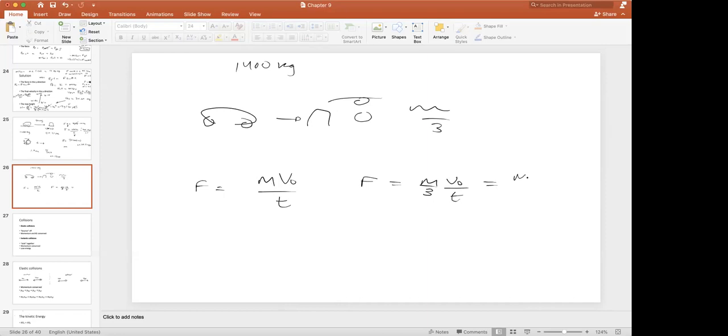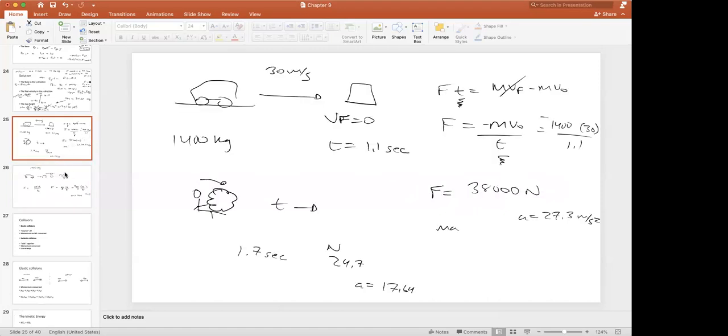So this is M divided by 3 times 30 over T. The mass was reduced actually to 2/3 because a third of it flew away. So this would be 20 times the mass over T. And remember, M was 1,400 and T was 1.7, we said, with the seatbelts and everything else.